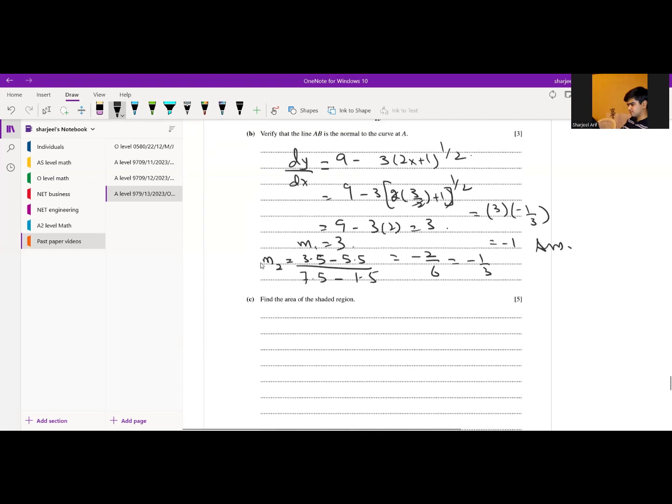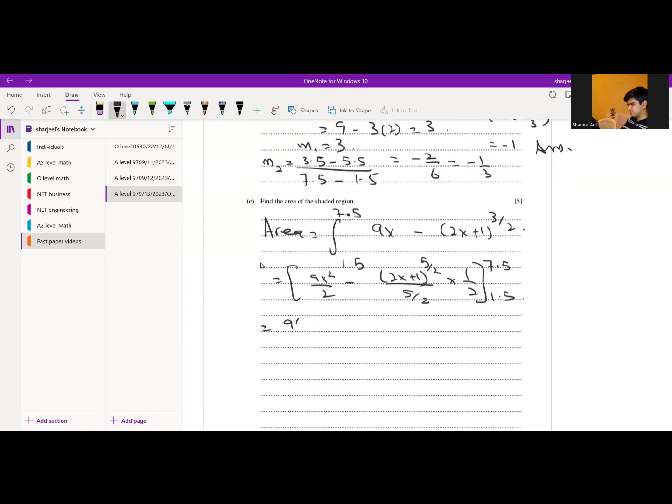Now we have to find the area of the shaded region. So area will be equal to the integral from 1.5 to 7.5 of 9x minus (2x plus 1) power 3 by 2. This will become 9x square over 2, minus (2x plus 1) power 5 by 2 over 5 by 2 into 1 by 2, from 1.5 to 7.5. Substitute the values inside the bracket.